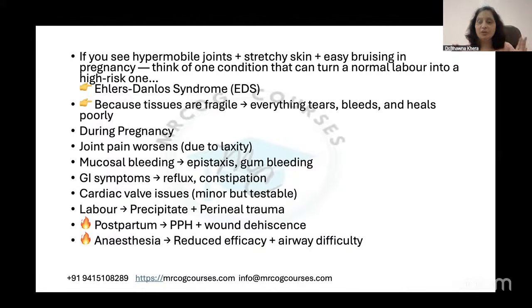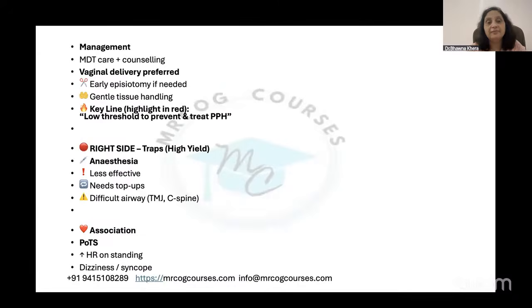During pregnancy, joint pain worsens because of laxity, with mucosal bleeding, epistaxis, gum bleeding, and GI symptoms like reflux and constipation. Cardiac valve issues are minor but testable. In labor, there is precipitate labor and perineal trauma. Postpartum, you can have PPH and wound dehiscence. With anesthesia, you will have reduced efficacy and airway difficulty. Why the airway difficulty? Because the same connective tissue is in the trachea.